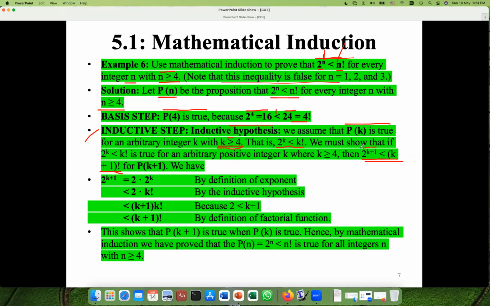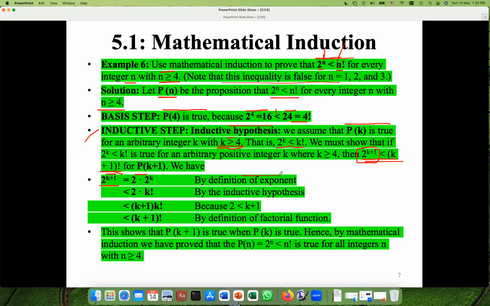So now I will take the left-hand side, as we did in the previous examples. After taking that left-hand side, I can rewrite it as 2 raised to the power k times 2 raised to the power 1. This is equal by the definition of the exponent, since this exponent is k plus 1.